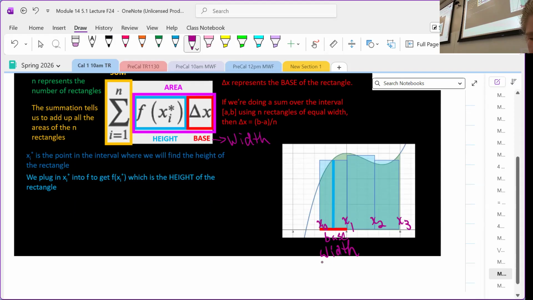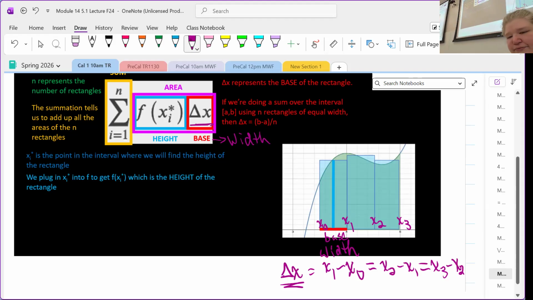So that width is x1 minus x0, or x2 minus x1, or x3 minus x2. But it is a change in the x values. So that's why we're using that delta x in the formula, just a mathematical notation for saying change in a thing.